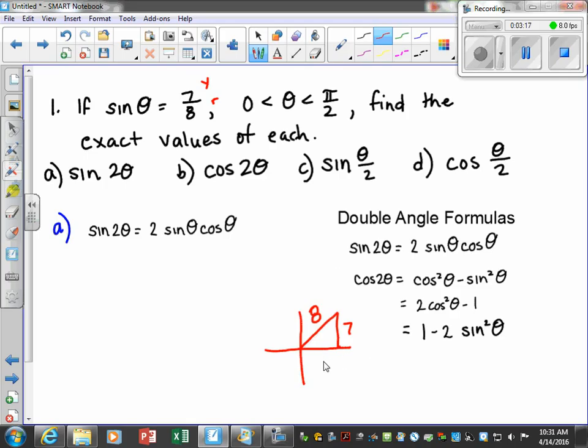So if you will work on that. So I'll say a squared plus b squared equals c squared. Let's let a be 7. We don't know b, and the hypotenuse is 8. So that's going to be 49 plus b squared is equal to 64. I'm going to subtract 49 from both sides.